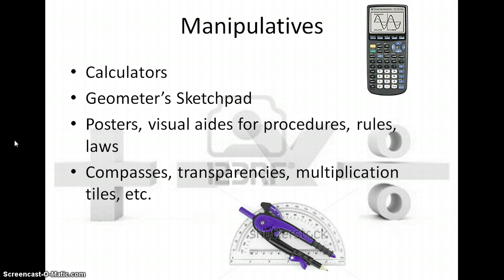And finally, compasses, anything to do with geometry. It's good to have students visually see what their shapes are coming out to and having them construct them on their own.